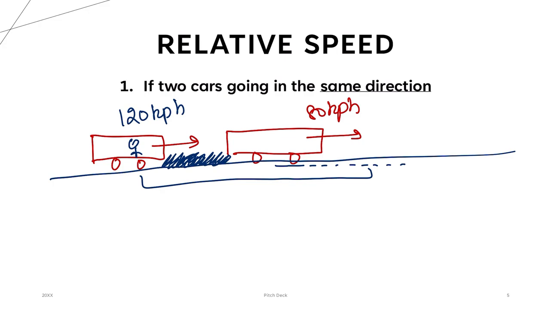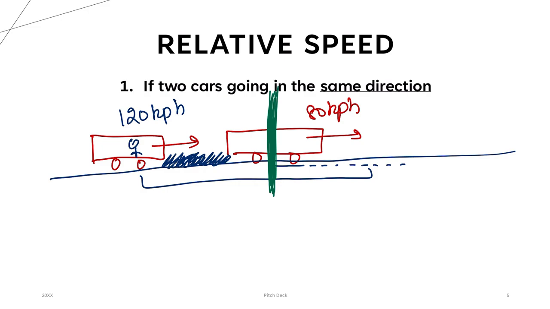Now, what is happening in the case of 120 kilometers per hour? Suppose I assume this car is not moving at all. It stops altogether.